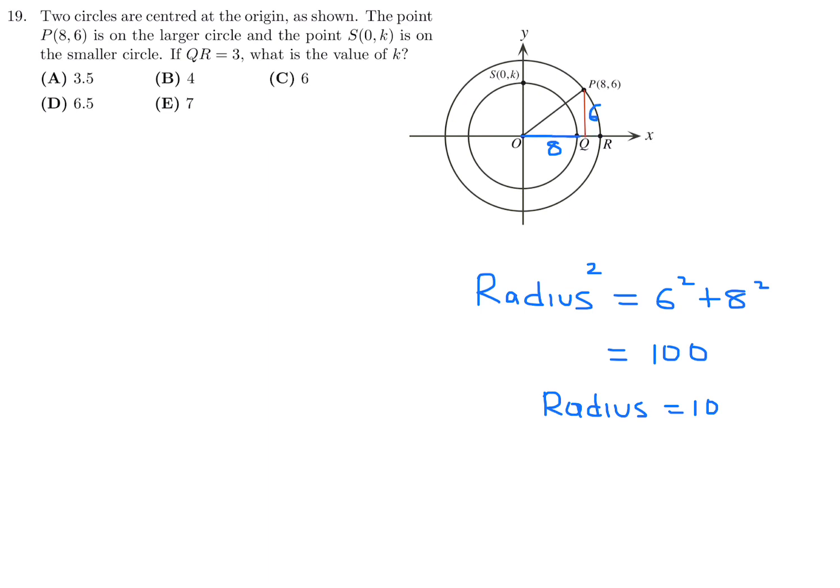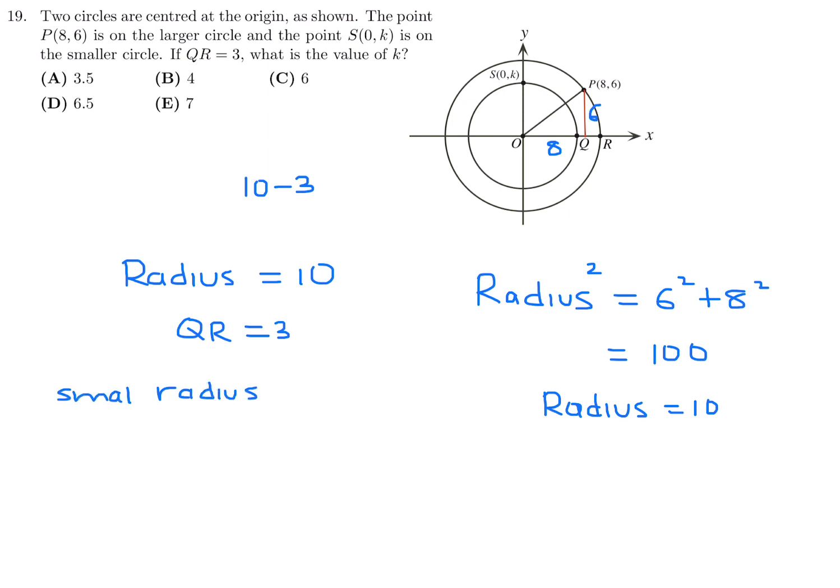So therefore, this distance, which is the radius of the small circle, must be 10 minus 3. So I'll write that in words. The big radius is 10, and then QR is 3. Now the small radius, I can write in small letters.